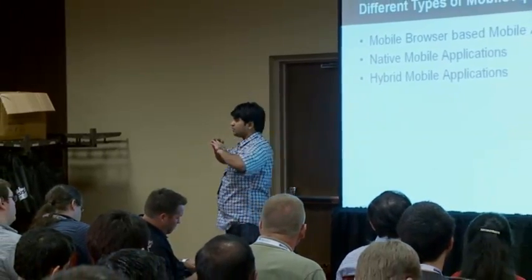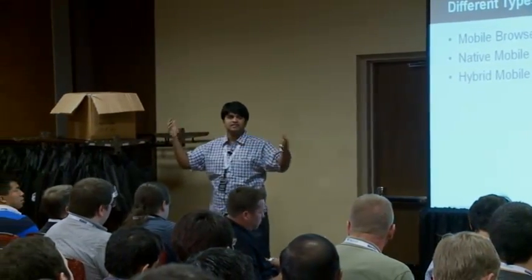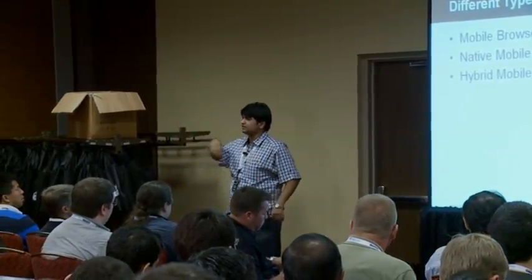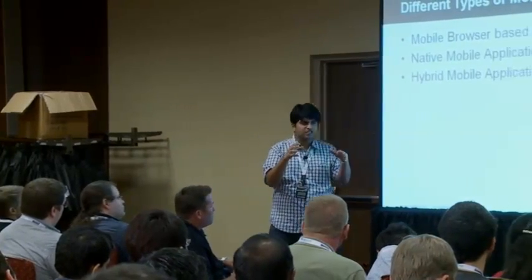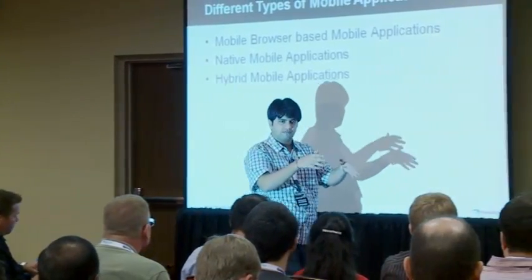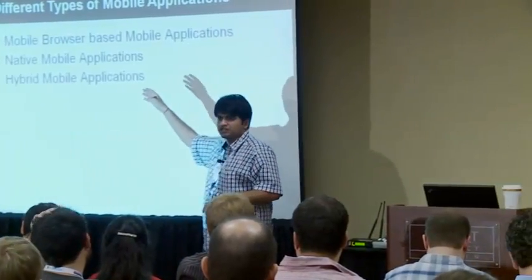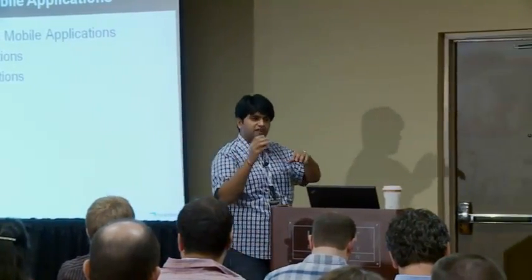Clear? Next is a native mobile application. You can analogously map it to an exe. You go home, you click on an exe, it installs on your Windows operating system. So this is an application which has been built specific to a platform. A native mobile application is any application built specific to Android, iOS, Blackberry, Windows Phone.